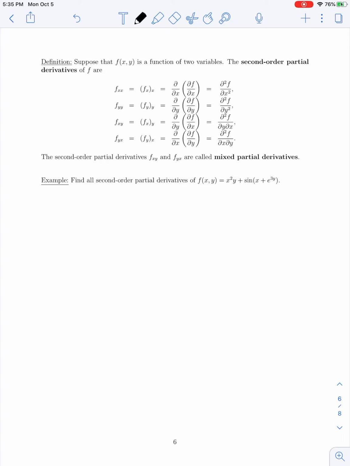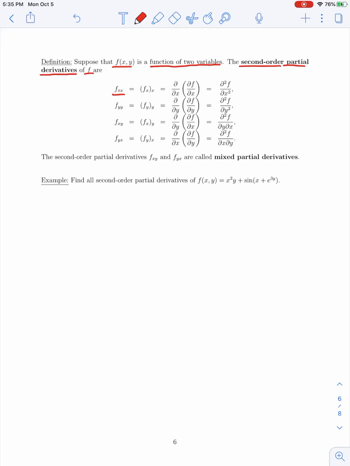So the simplest case that we'll look at to introduce the idea is the case that we have a function of two variables, say f of x and y. So in this case, we would define the second order partial derivatives of that function f as follows. So let's introduce some notation here. First off, we can use the subscript notation that we've been using for partial derivatives.